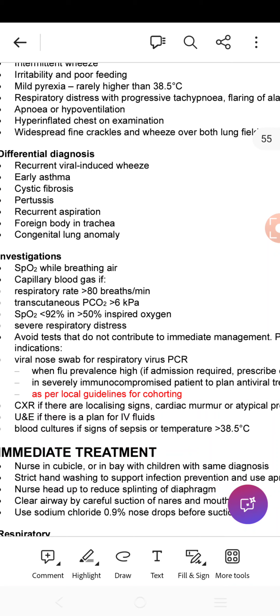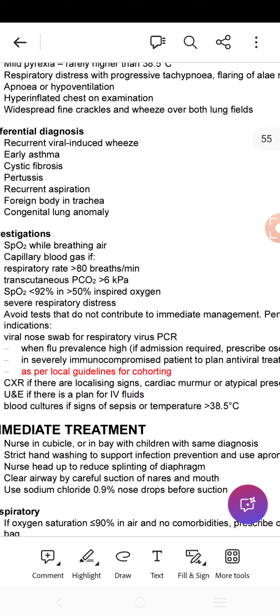Now, after admission, what is the management? First of all, you will keep this baby isolated. This is very, very important, because this condition is highly infectious. You will isolate the baby in a cubicle, or you will put babies with the same diagnosis together, and this cubicle should be near the nursing station.